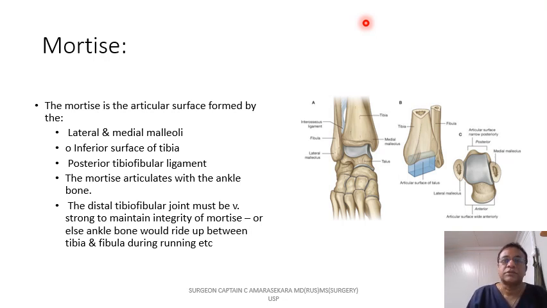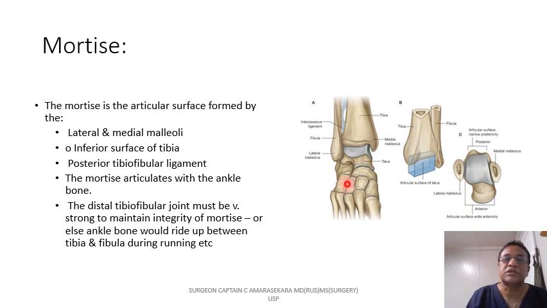They are the lateral malleolus, you can see this is your lateral malleolus of the fibula. Then the medial malleolus of the tibia, and the inferior articular surface of the tibia, which is going to articulate with the talus.